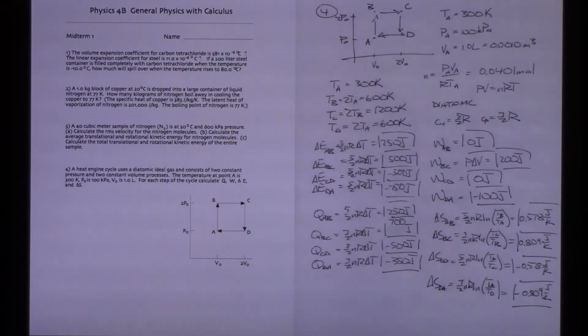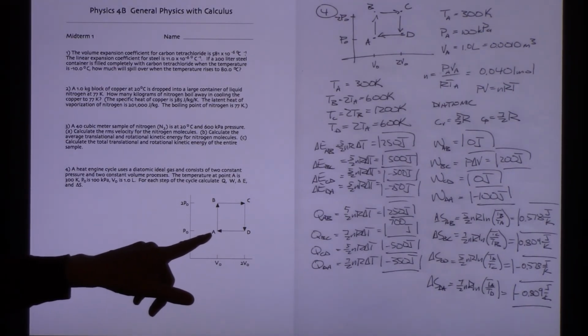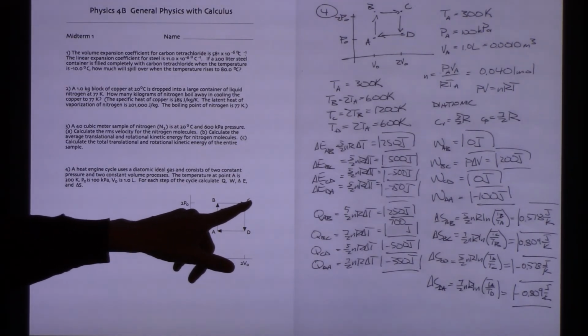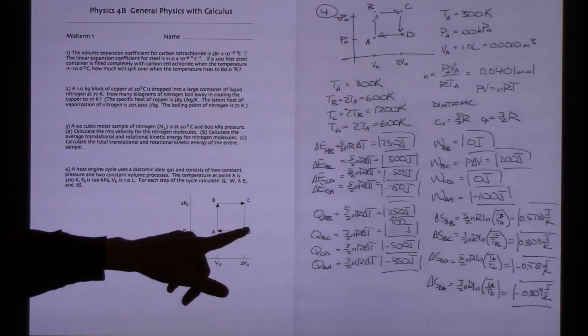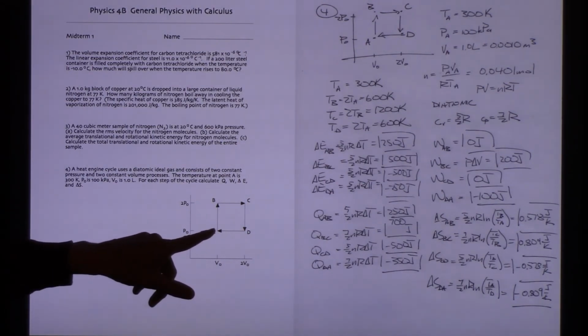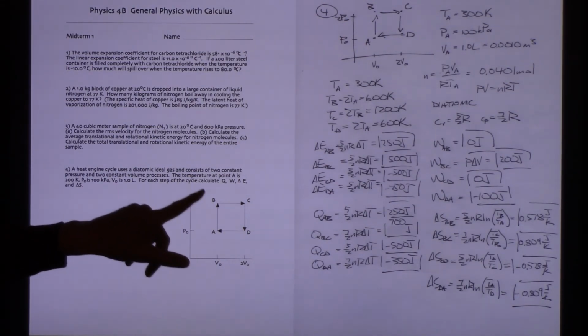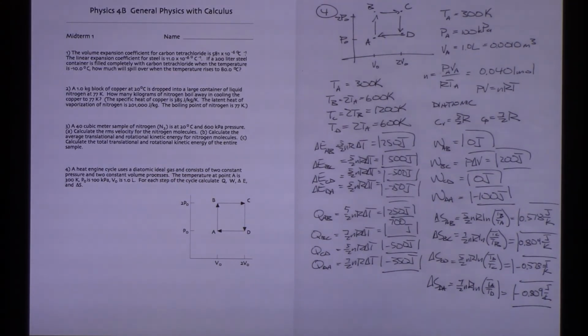A couple of things I notice here is that it's always a factor of 2. Point A is at 300 Kelvin, and then up to 600, and then up to 1200, back down to 600, back down to 300. B and D are on the same isotherm. So B and D are the same temperature at those 2 points, although they have different volumes and different pressures.